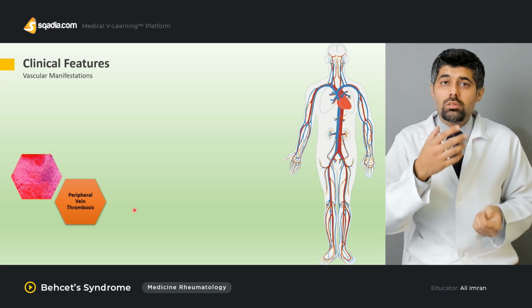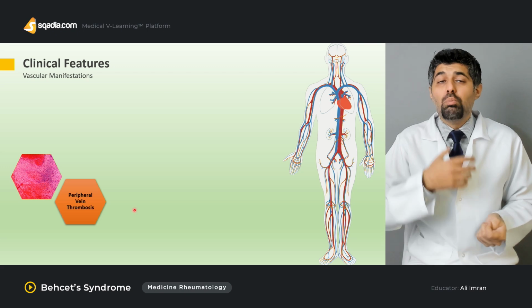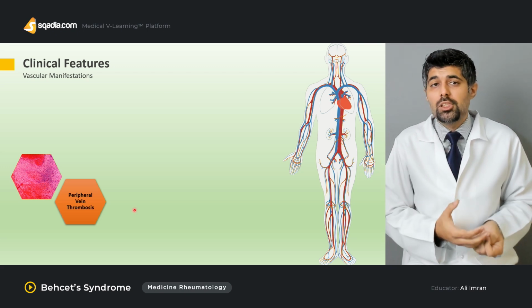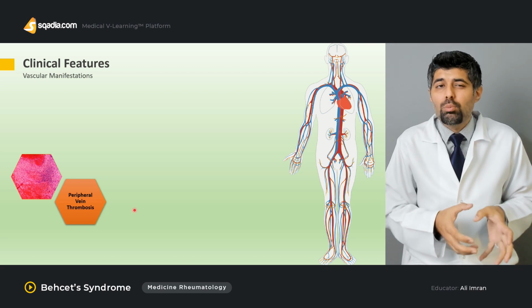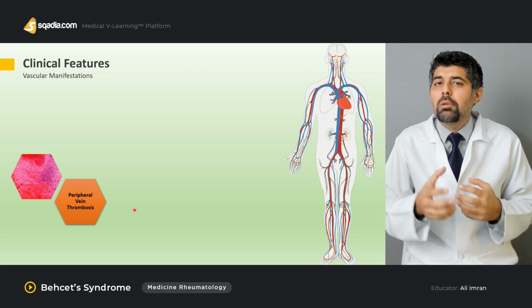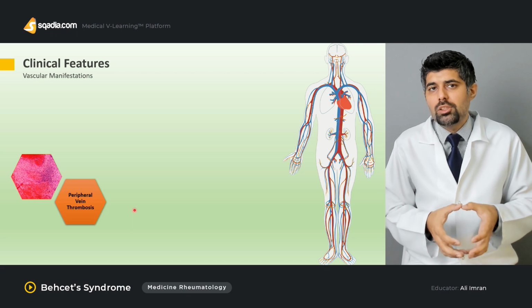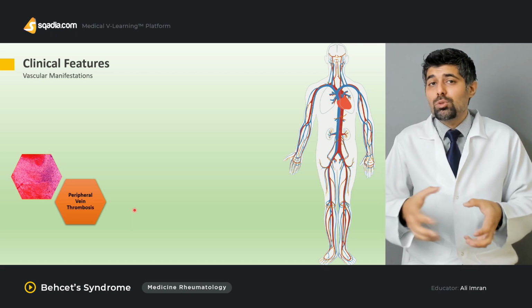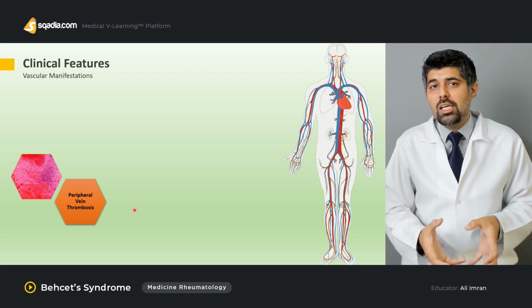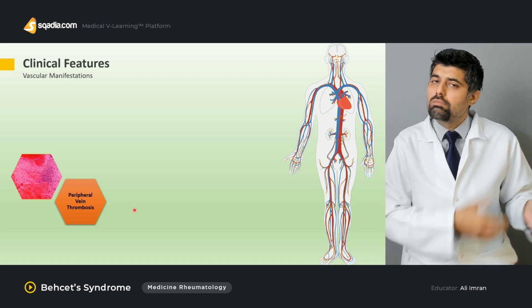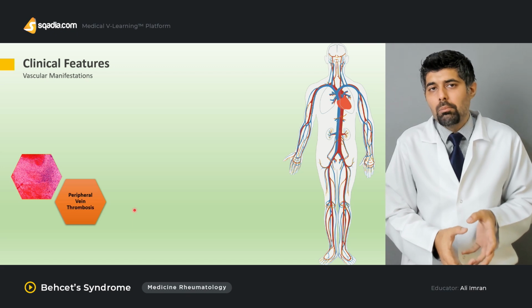So, because the vascular bed is more involved in Behcet syndrome, we usually get deep vein thrombosis or DVT in about 30% of the patients. And DVT, if it goes untreated, can result in acute limb ischemia or even pulmonary embolism.